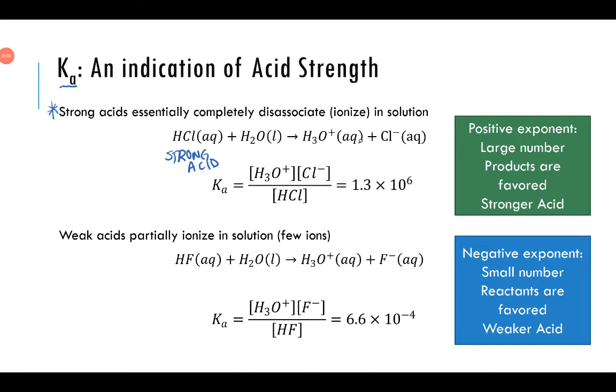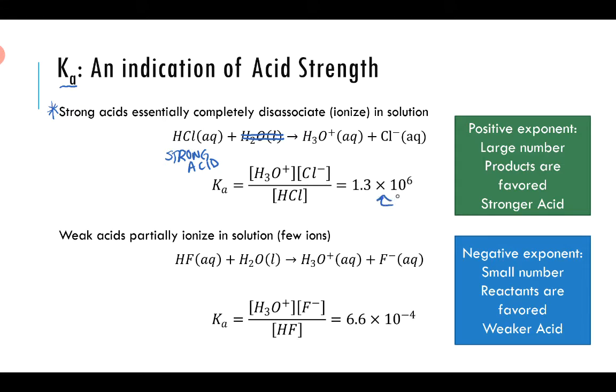If we write out the equilibrium constant for this, we know that HCl is aqueous, water is a liquid so water won't appear, and then these two are also aqueous. So we have our products over our reactants, and the KEQ value for that is 1.3 times 10 to the 6th.